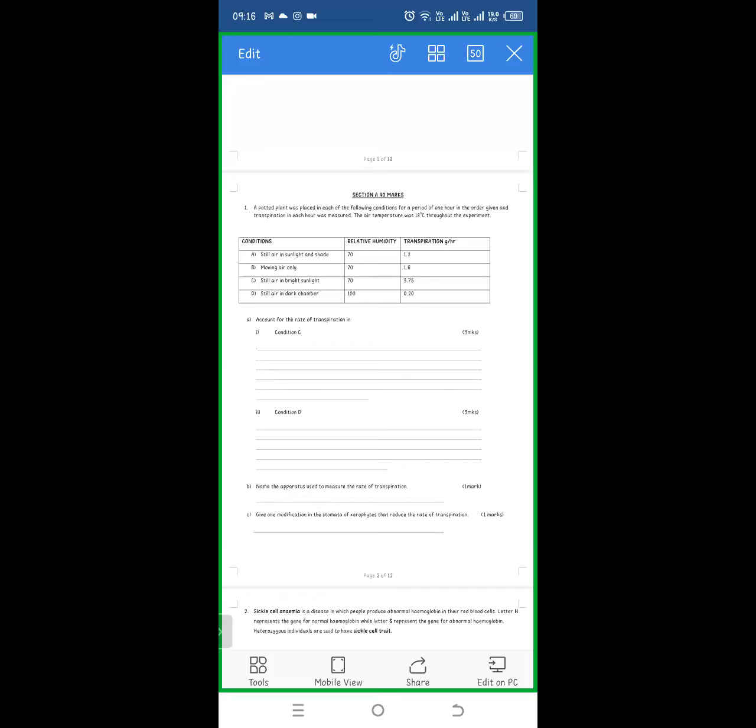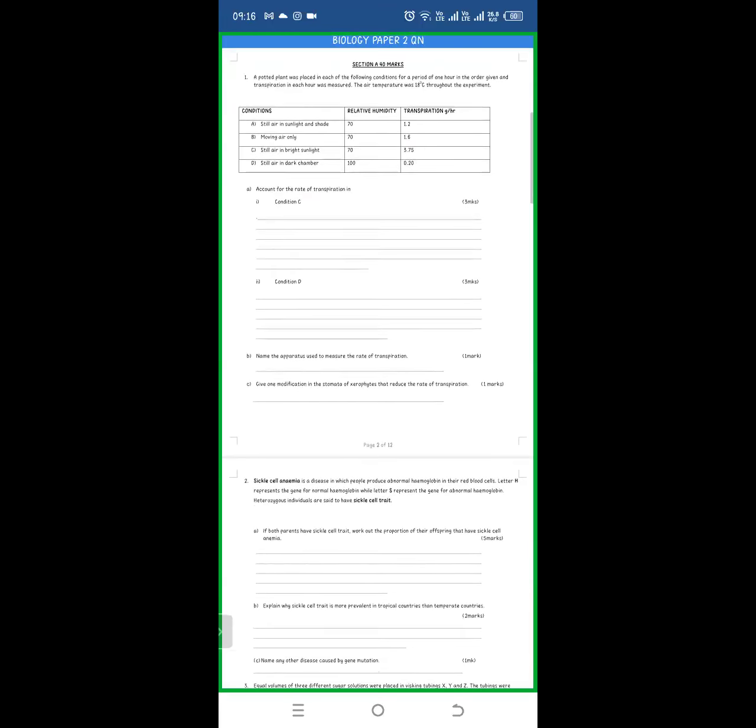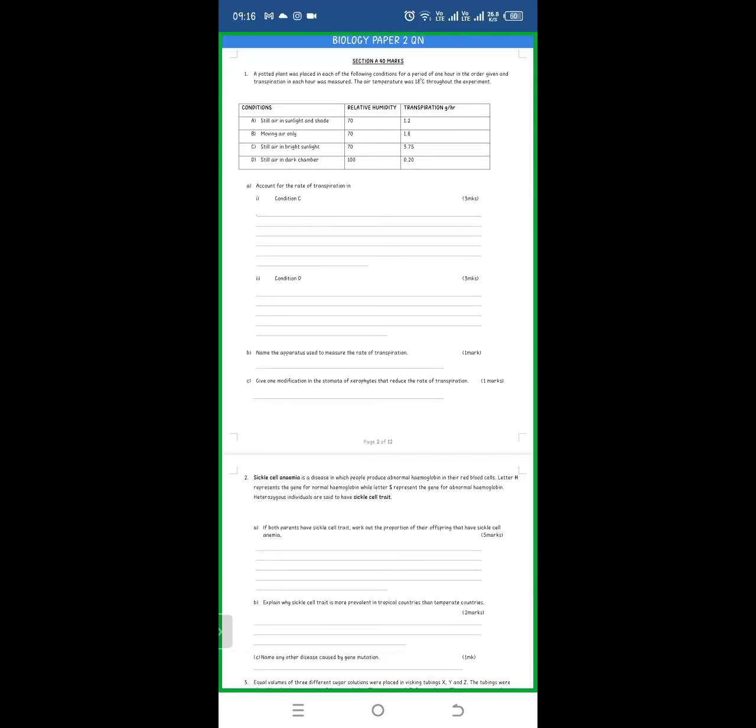In the dark, there is no light, meaning at night. What we learn in photosynthesis theory is that if there is no light, then the stomata will close. Hence, there will be a low rate of transpiration. So that makes those 3 marks, 6 marks of that question.